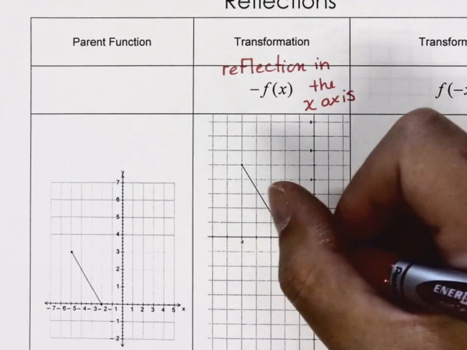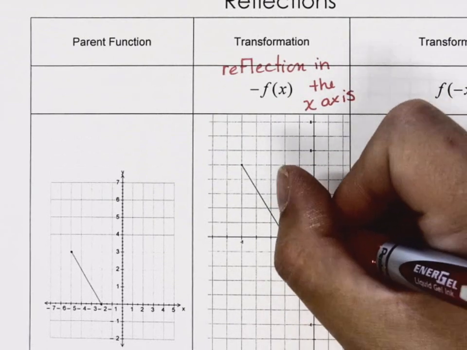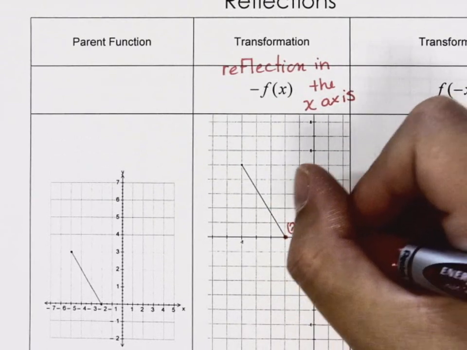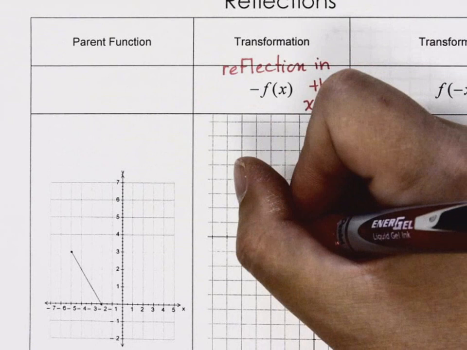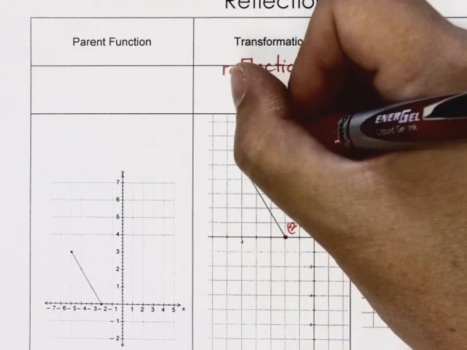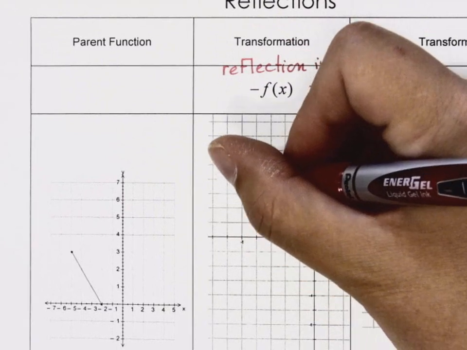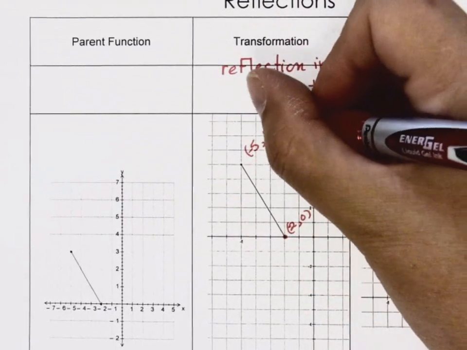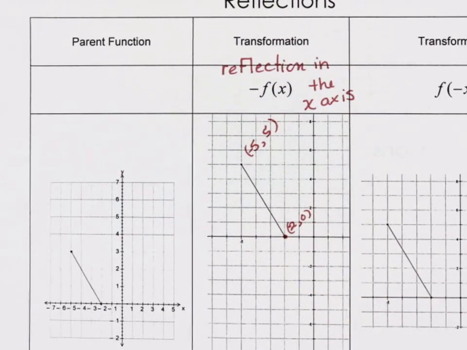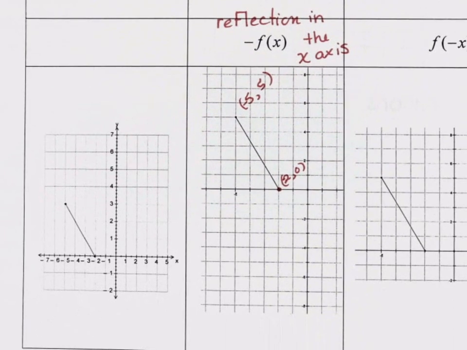So really, if I have points here at -2 and 0, and then I have -5 and +5, what happens? I take all my y's and I times them by -1.